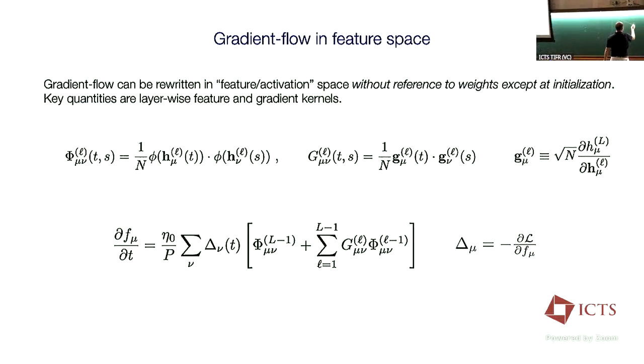The way I did this yesterday was there's a scalar h^L, and this gets divided by a factor of 1 over gamma to give me f. So h^L and f are almost the same. There's a factor of gamma, which I'll later vary. This was going to make me put the network into lazy versus rich regime. So it's just a factor of gamma if you want to carry it or not.